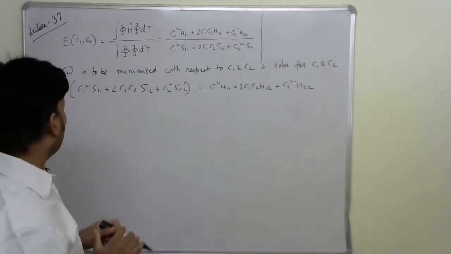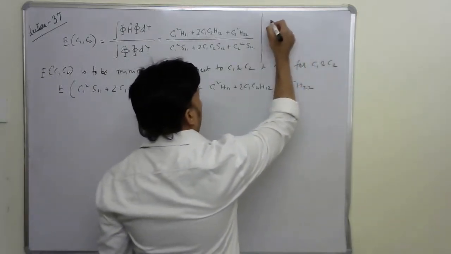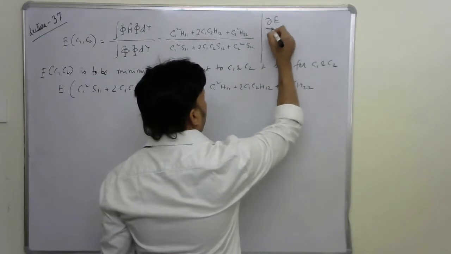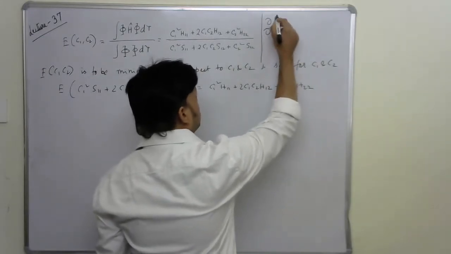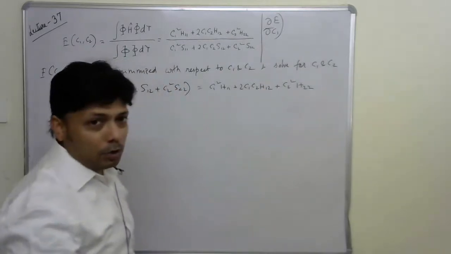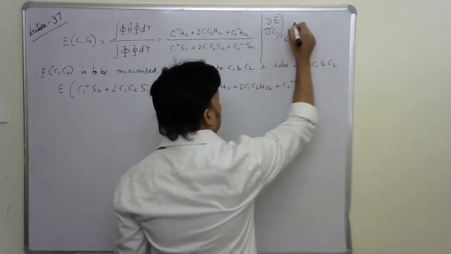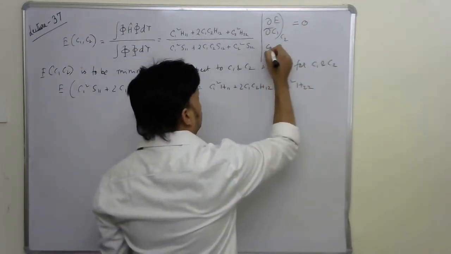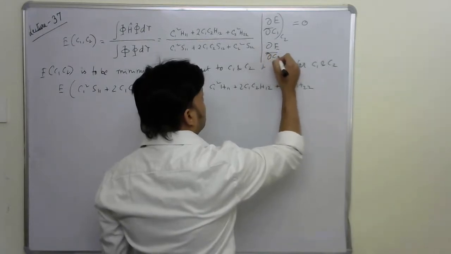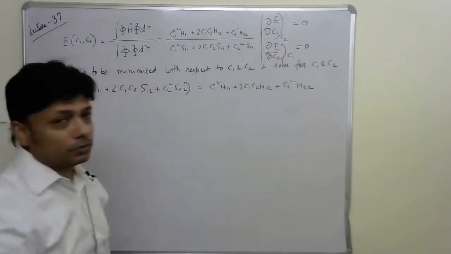Minimization of energy means we have to find two partial derivatives: del E del C1 at constant C2, which we set equal to 0, and del E del C2 at constant C1, which we also set equal to 0.